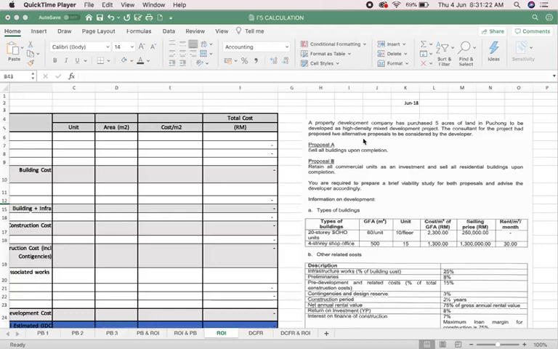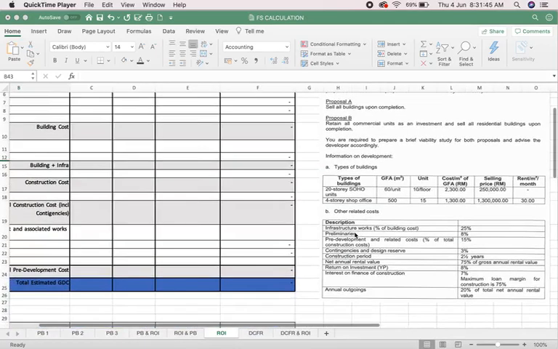Either you sell all the buildings in the proposed project, or you retain the commercial for rental and investment and sell all the residential buildings. So you are required to study the ROI, the viability in a sense of ROI, between the options of proposal A and proposal B.